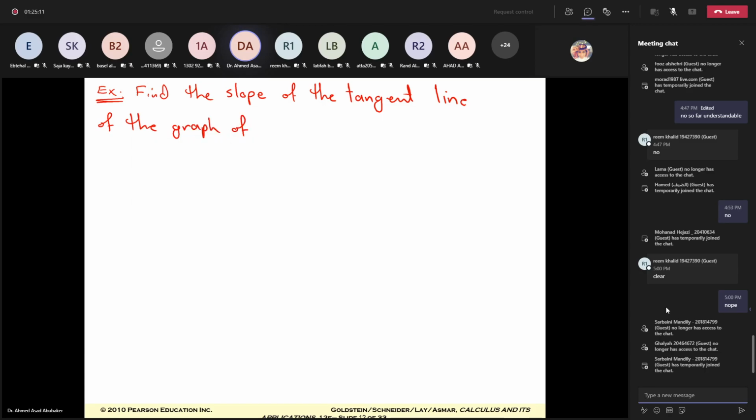of x³ minus √(2y) equals 3y² plus 9x minus 6 at the point (-1, 2).